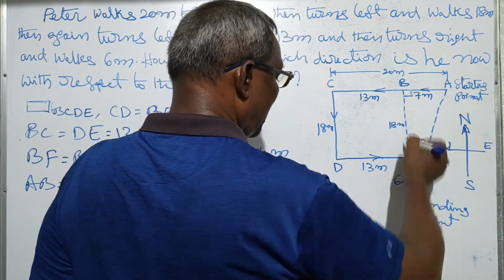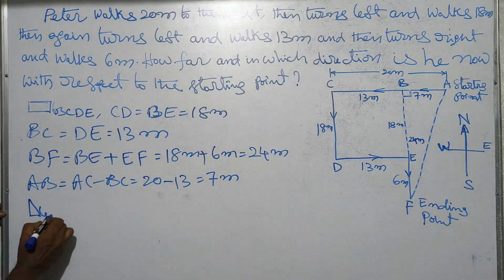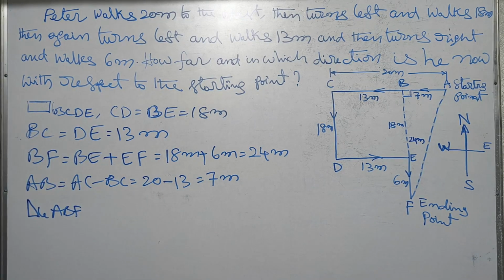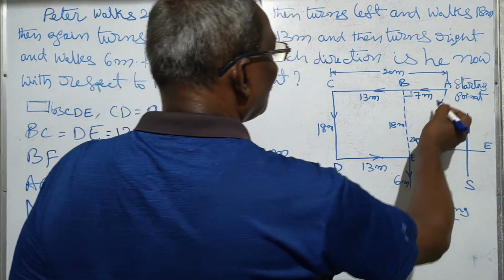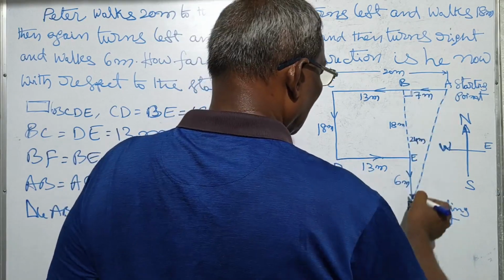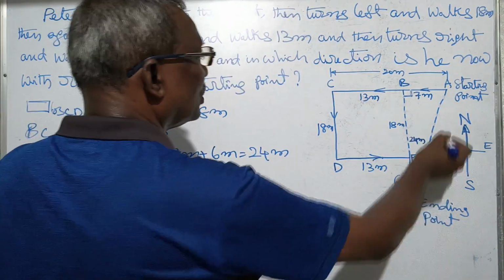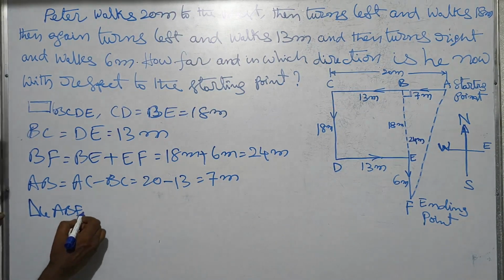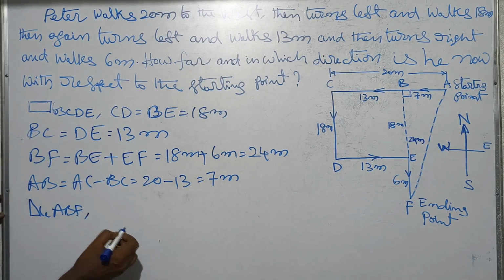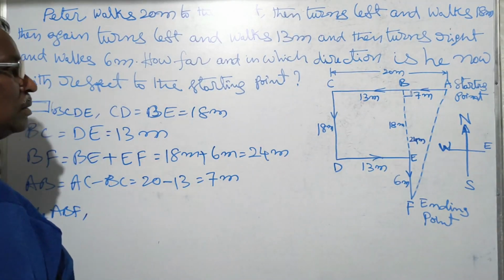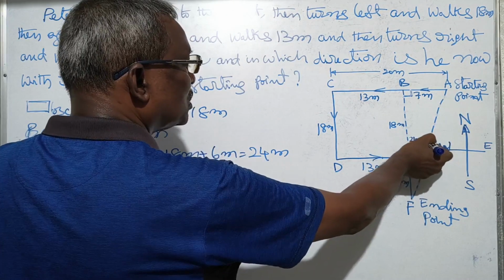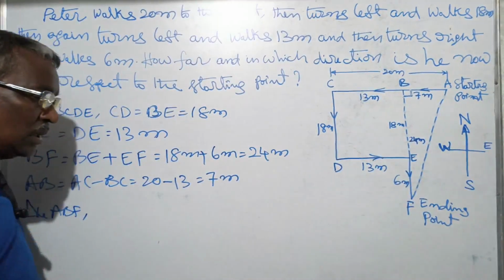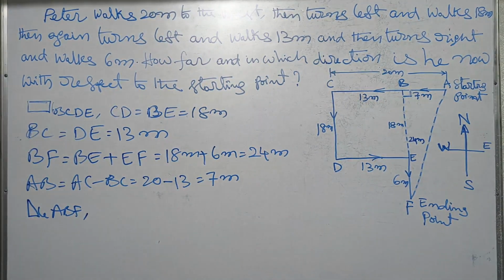Right angled triangle ABF. You know AB, you know BF. Simply you can find AF. How? As per the Pythagoras theorem, the square of the hypotenuse is equal to the sum of the squares of the other two sides.